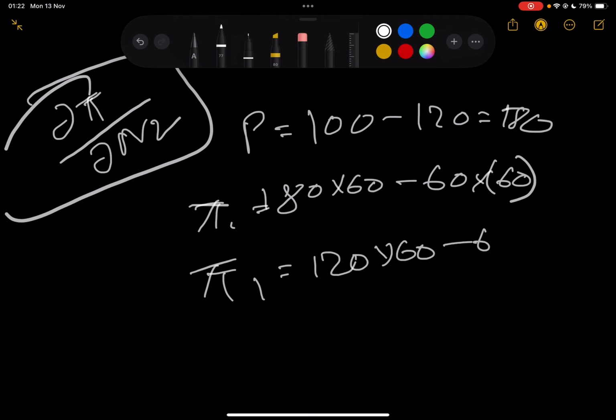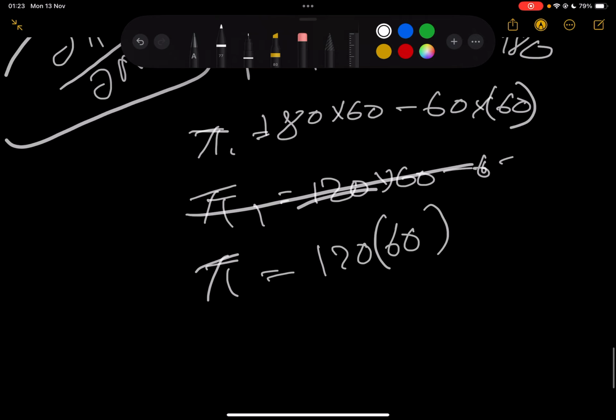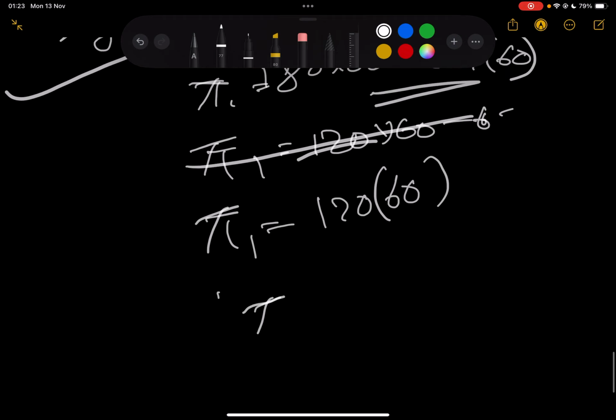I'm just going to take 60 common and simplify it. The profit for firm 1 is $7,200.